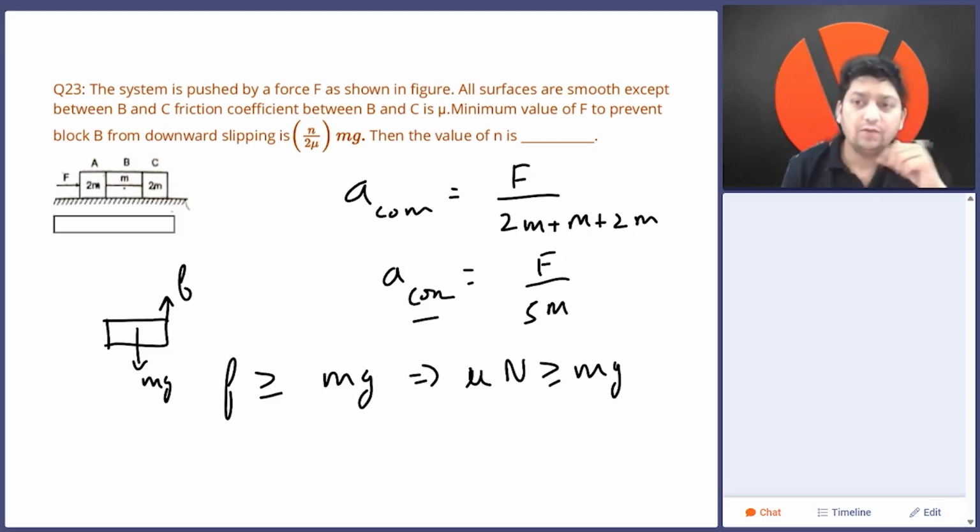Now what will be the value of normal reaction? See, normal reaction will be equal to the force applied by this B block on C, right?